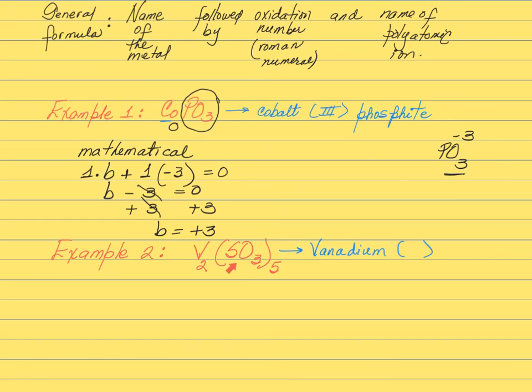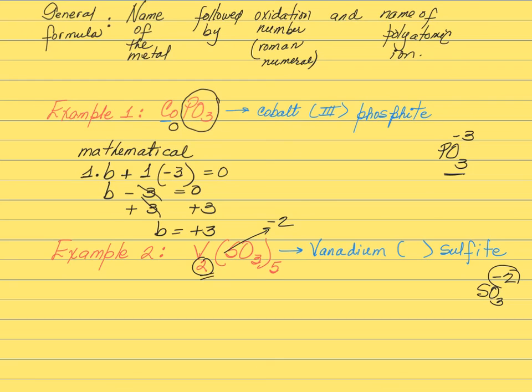After that, I'm going to analyze what comes after the metal. Here I have 2 non-metals, SO3. What is the name of the polyatomic ion? Sulfite. Now we're going to concentrate on the oxidation number. And this one is so easy because if you look on your table, SO3 -2, the oxidation number of sulfite is -2.